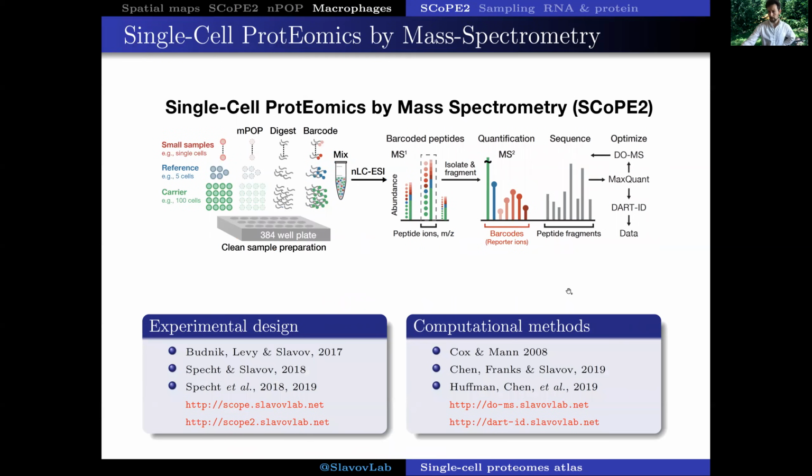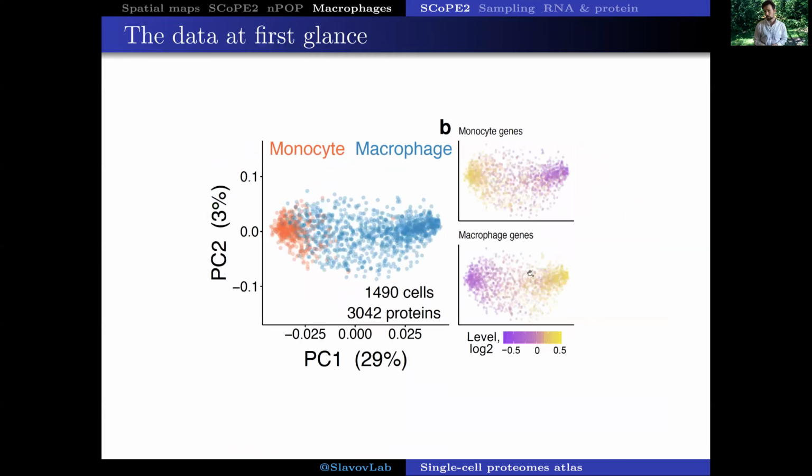We applied this pipeline that I introduced a couple of slides ago. And then we just projected the data into the axes of their principal components. And the first thing that we can see is the definition of two clusters that correspond to the two cell types present in our mixtures: a more compact cluster of monocytic cells, and another more diffuse cluster in blue of the macrophage-like cells.